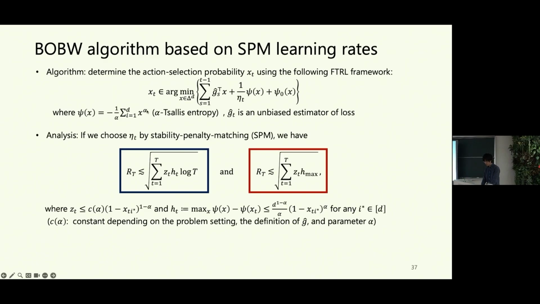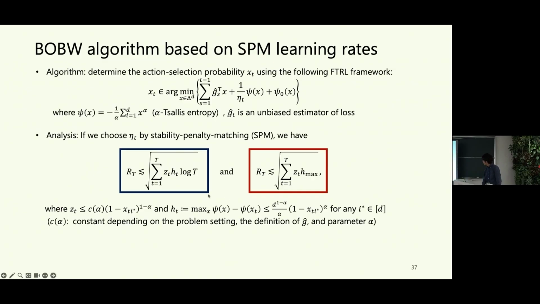And alpha is a parameter between 0 and 1. And as we have seen, by applying the stability penalty matching, we have two different types of upper bound. The first one is dependent on ZT and HT. And the other one depends on ZT. That's the same as the AdaGrad type upper bound.